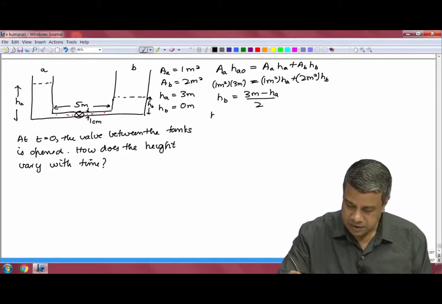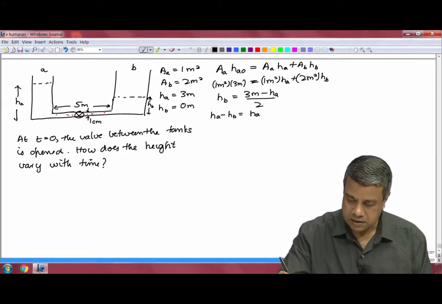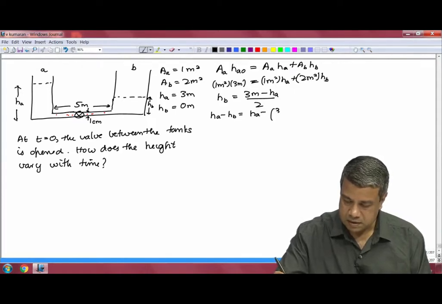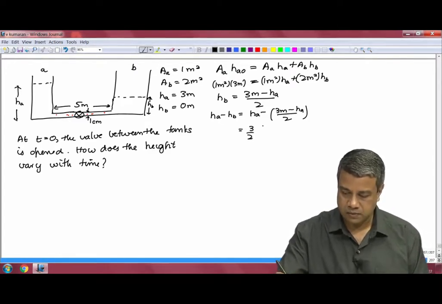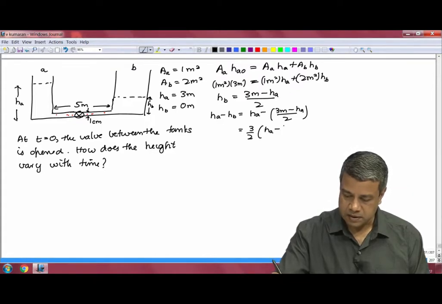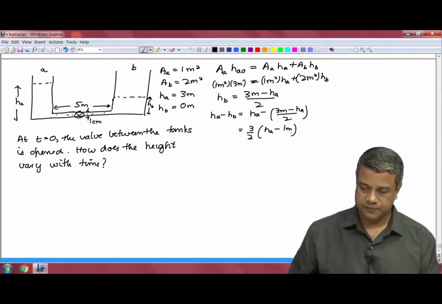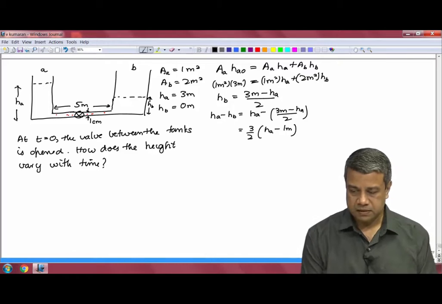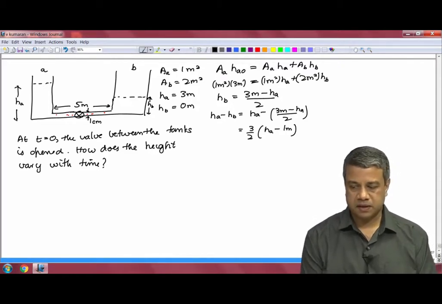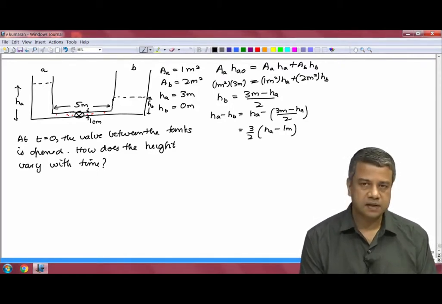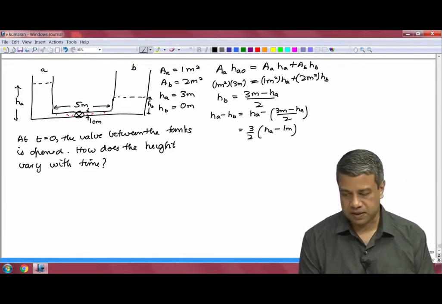HA minus HB is equal to HA minus (3 meters minus HA) by 2, which is equal to 3 by 2 into (HA minus 1 meter). So, 3 by 2 into (HA minus 1 meter) is the difference in the heights of the two tanks.